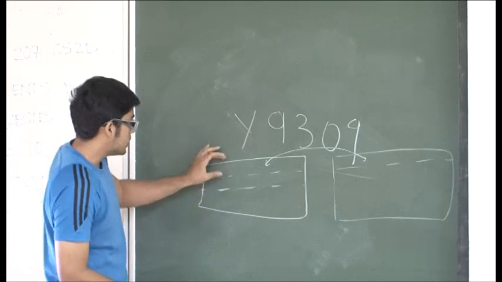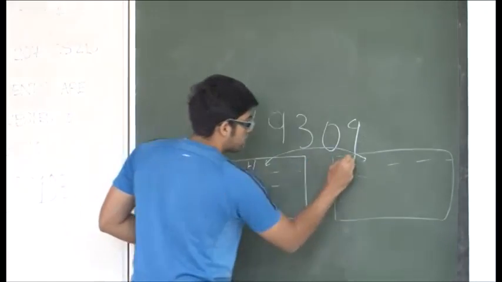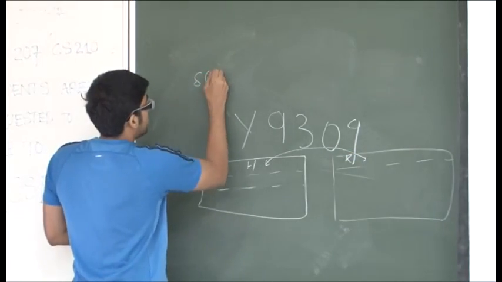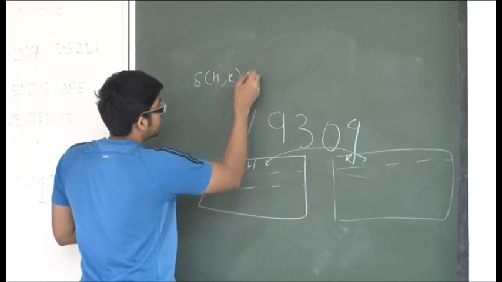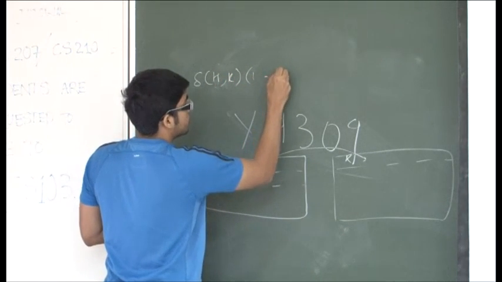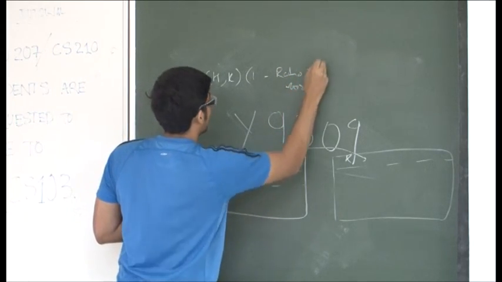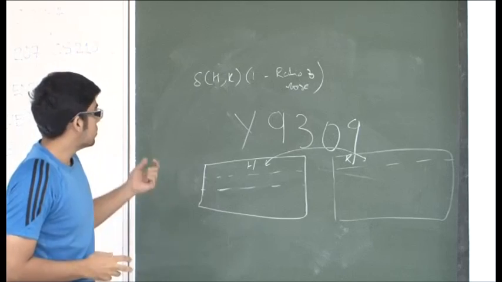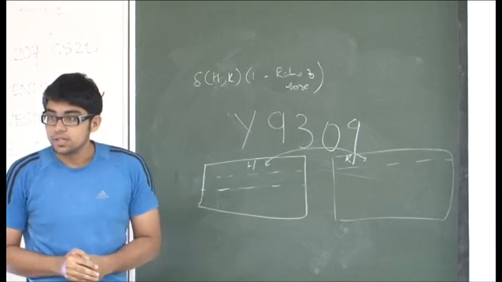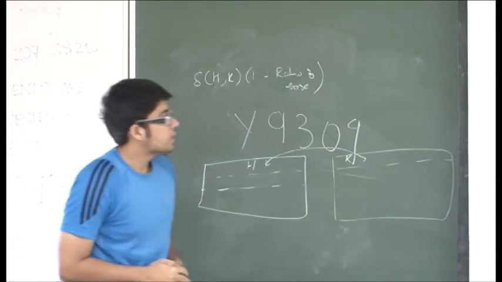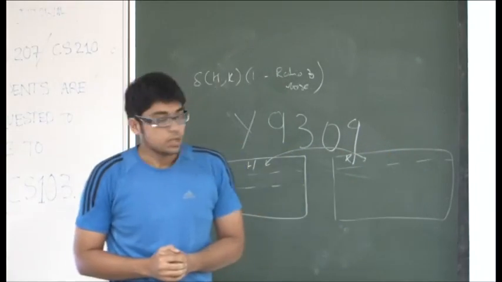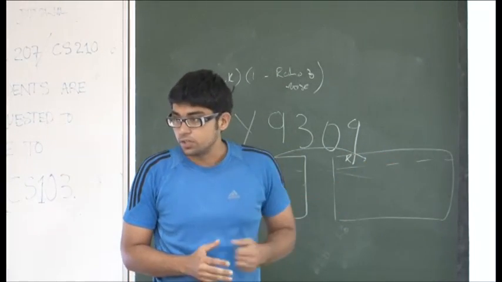So if H is the histogram and K is the histogram of the other image, then it will be some histogram similarity measure times 1 minus the ratio of noise pixels. H and K are the LBP histograms. And then I have used uniform mapping and Bhattacharyya similarity measure.